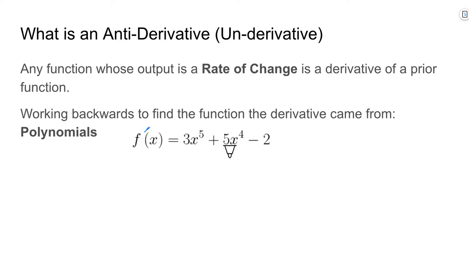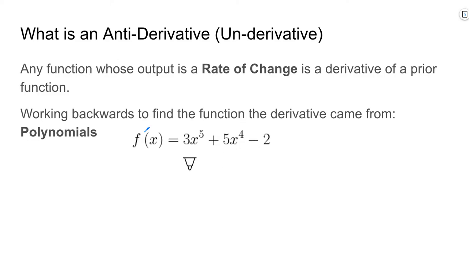Think of inverse functions. Multiply, subtract 1. What's that? Add 1 first. So remember, inverses are always the opposite operation in the opposite order. So we are going to add 1 to the exponent, and then we're going to divide by that new exponent, not multiply by. So just think of that reverse process.